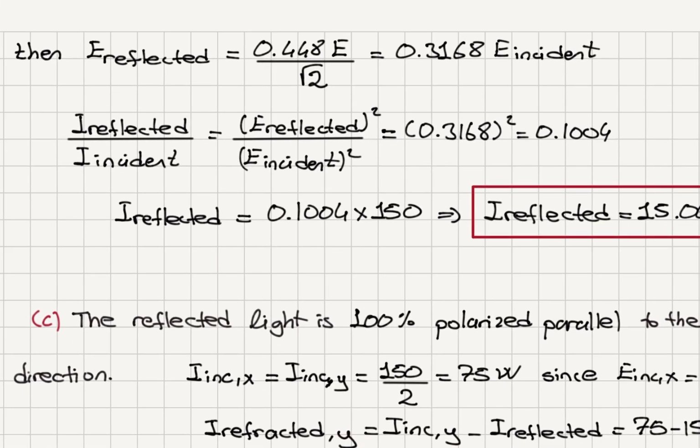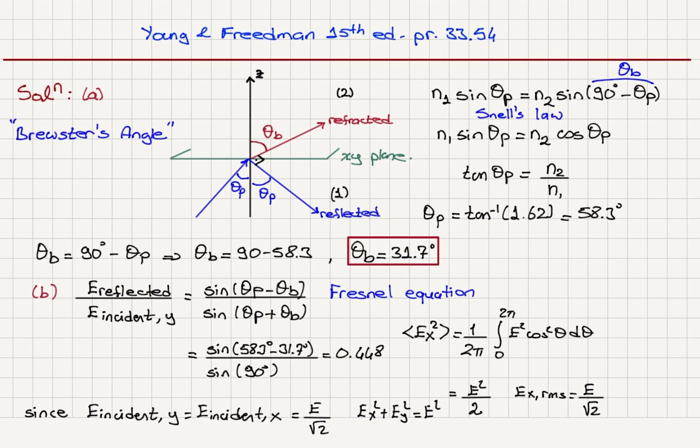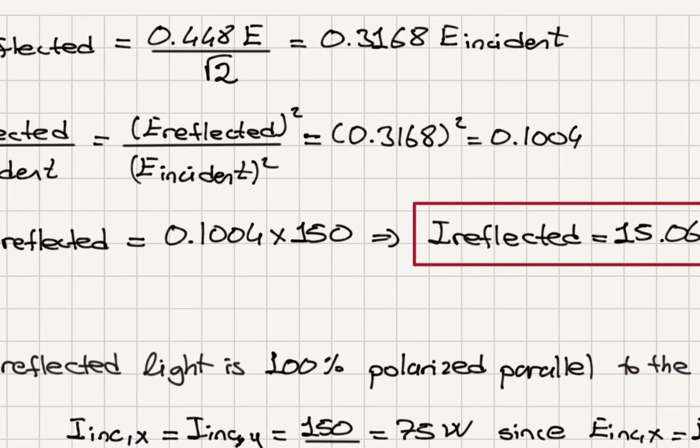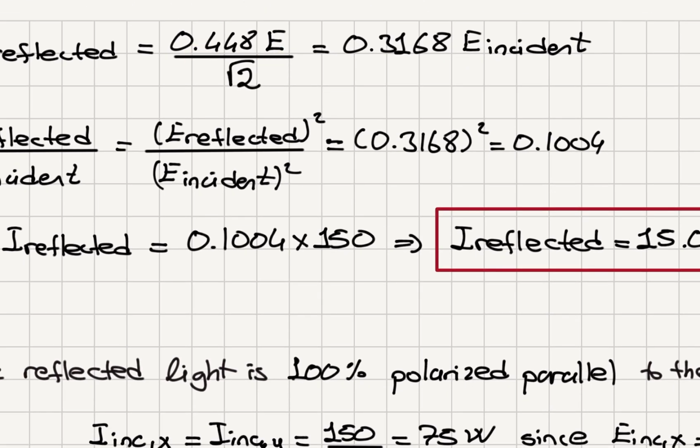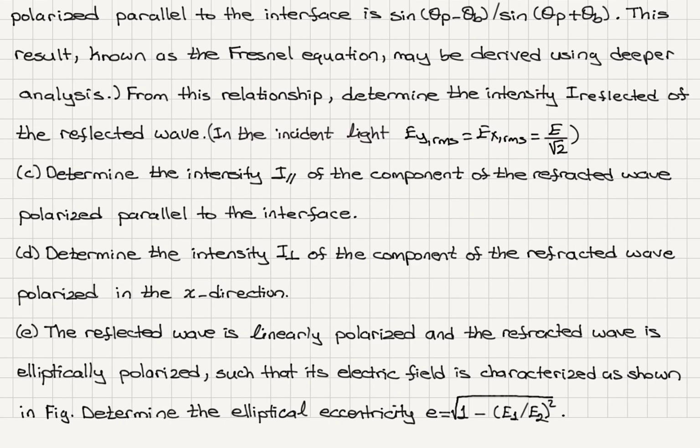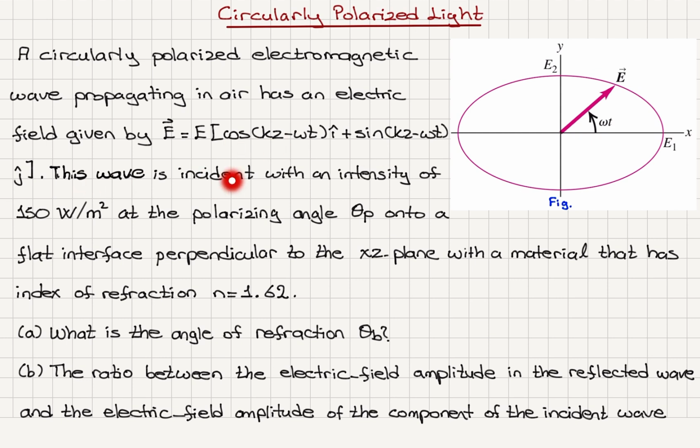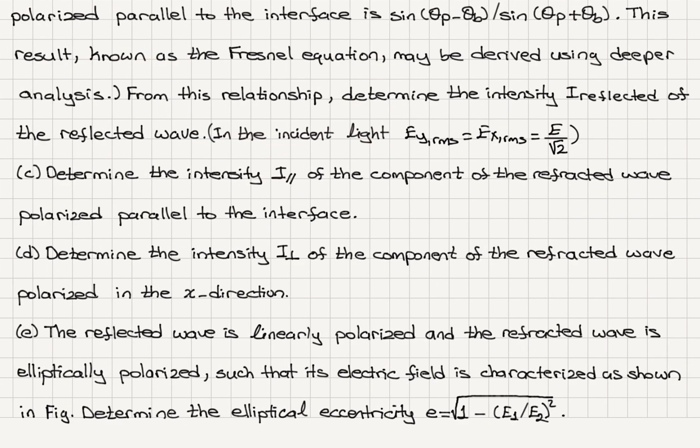So that tells me that the reflected electric field magnitude is E over square root 2 times 0.448, which means it is 0.3168. So if the electric field is written this way, the x component magnitude is E over square root 2, and the y component magnitude is E over square root 2. So when I add up E over square root 2 squared plus E over square root 2 squared, I get E squared, which is the amplitude of the overall wave.